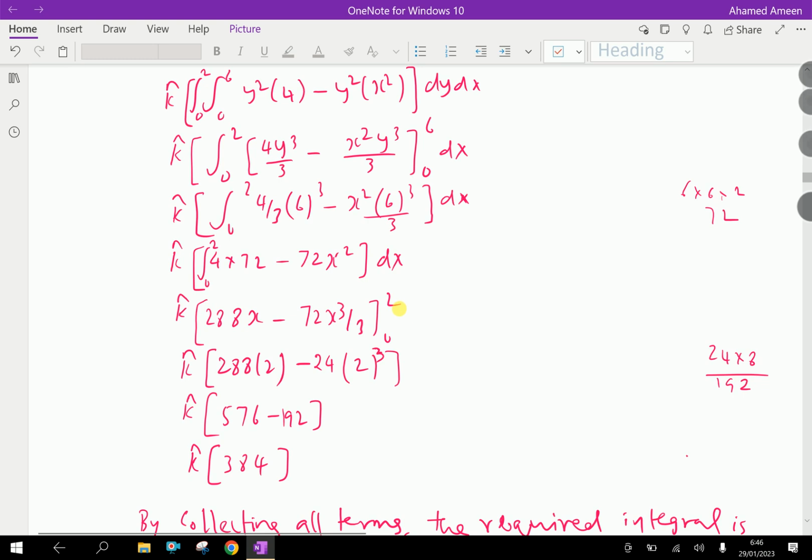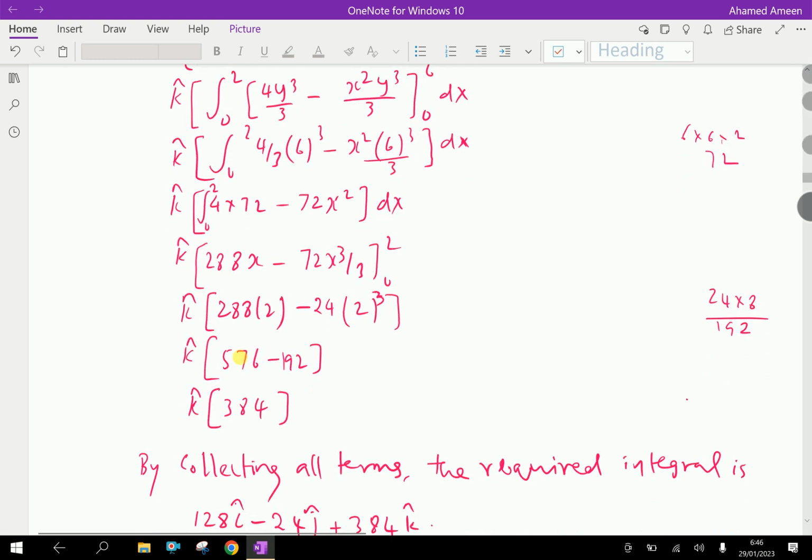Applying the limits 2 to 0, we have the k vector: 288 times 2, minus 72 by 3 times 2 cubed, where 72 by 3 is 24.